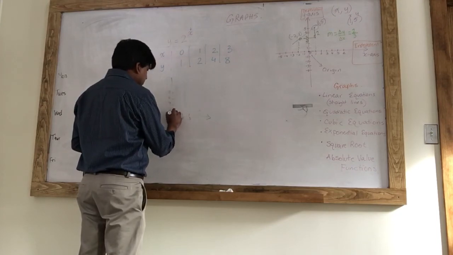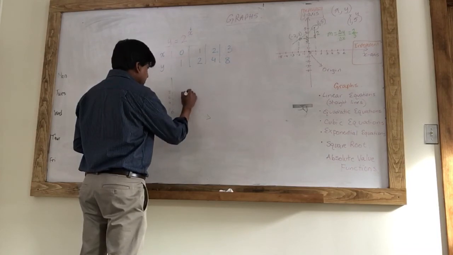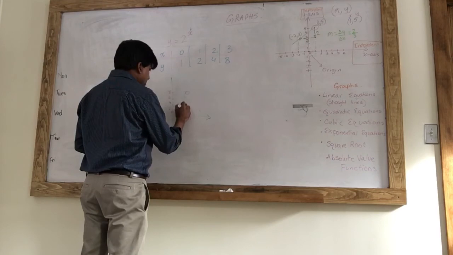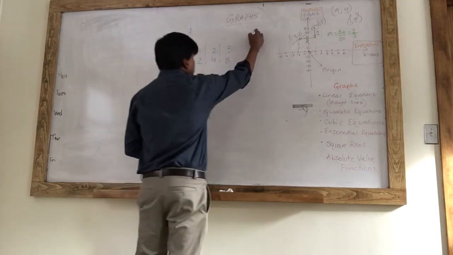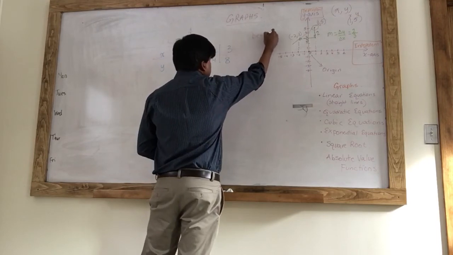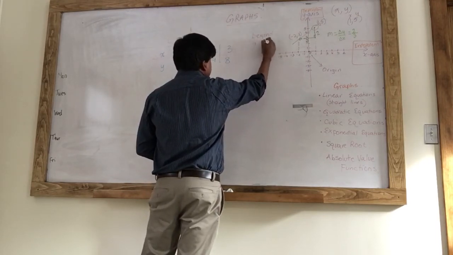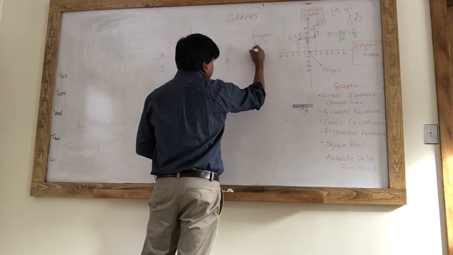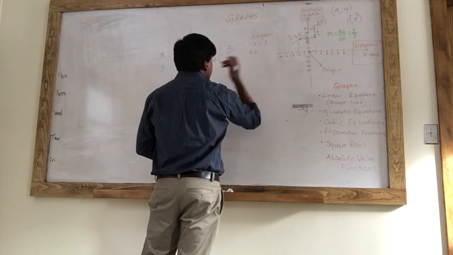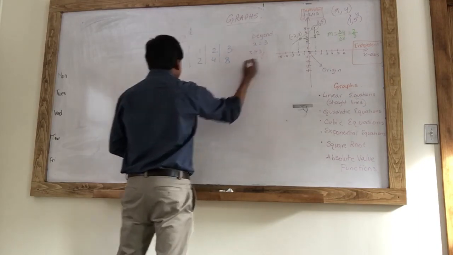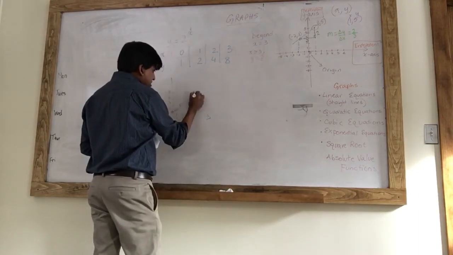So it goes like this. Till 3. And beyond 3, beyond x is equal to 3, or if I write it, x is greater than 3, your graph is y is equal to 8. So it becomes a constant like this, right?